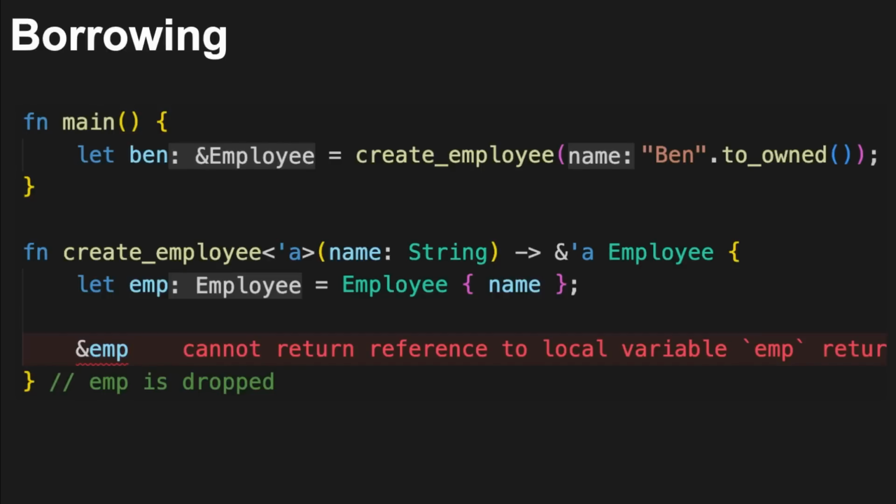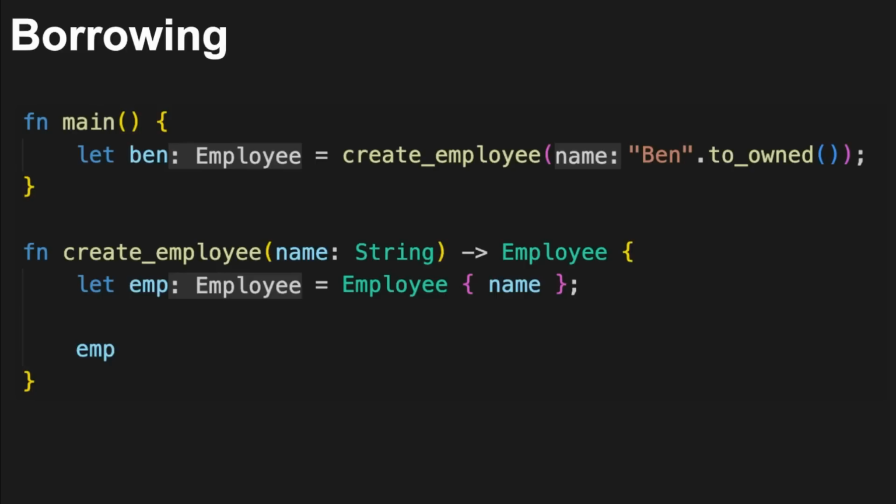The employee variable inside the function will be dropped at the end of the function, which means the reference returned will be pointing to invalid memory. This is called a dangling reference. Luckily, Rust prevents us from doing something potentially catastrophic. The solution in this case is to return an owned type. As you can see, the ownership and borrowing rules prevent us from violating memory safety, and the excellent error messages tell us exactly what we need to fix.